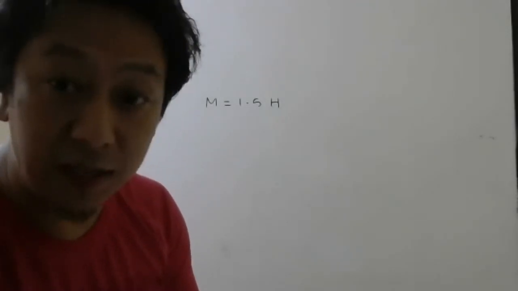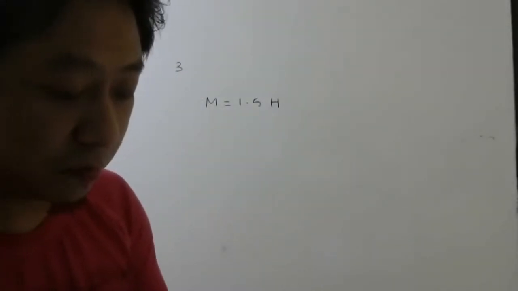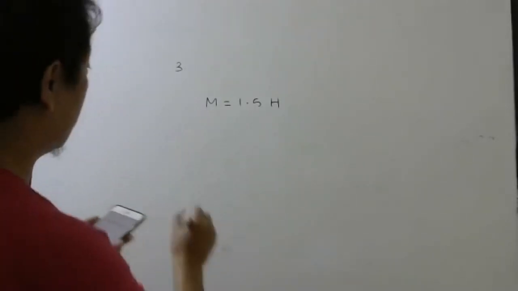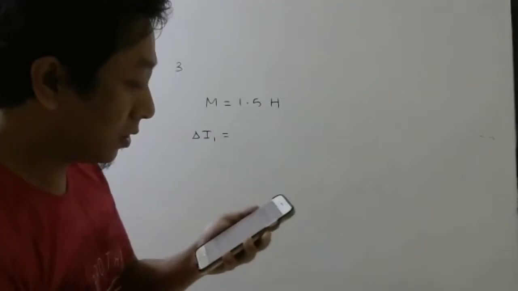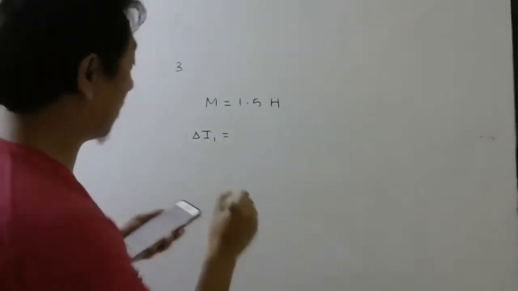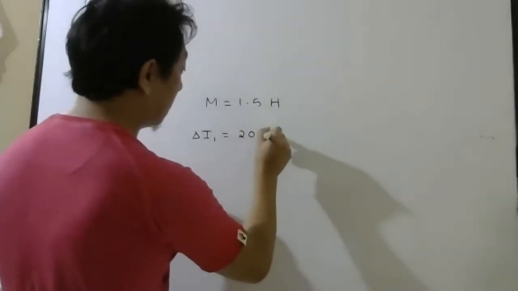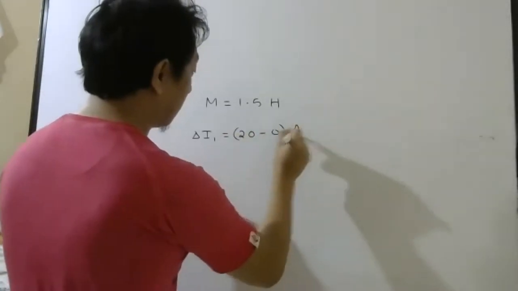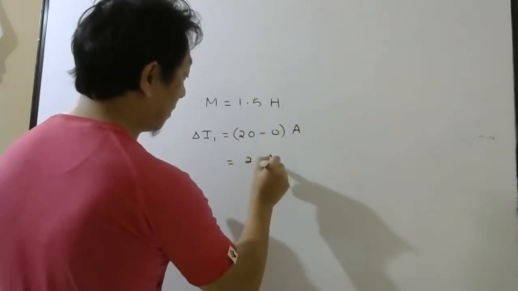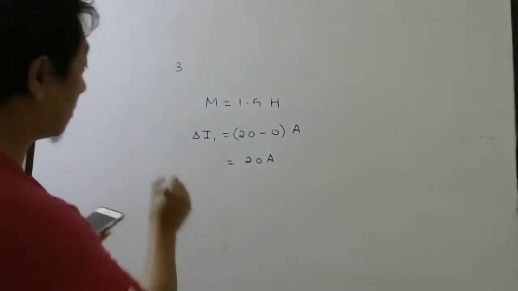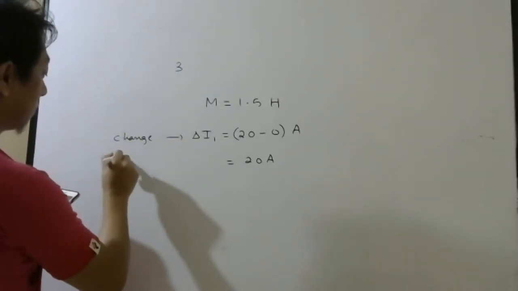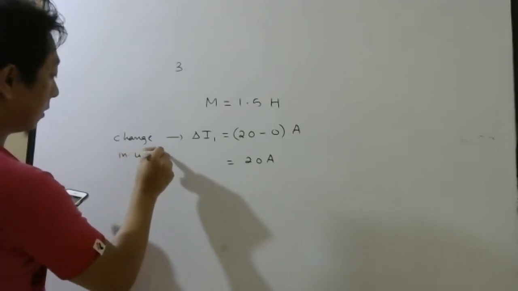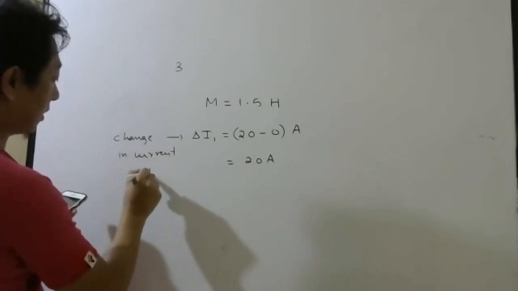If the current in one coil changes from 0 to 20 ampere, it will be 20 minus 0, which will be 20 ampere. Why did I write delta I1? Because this is the change in current in the first coil.